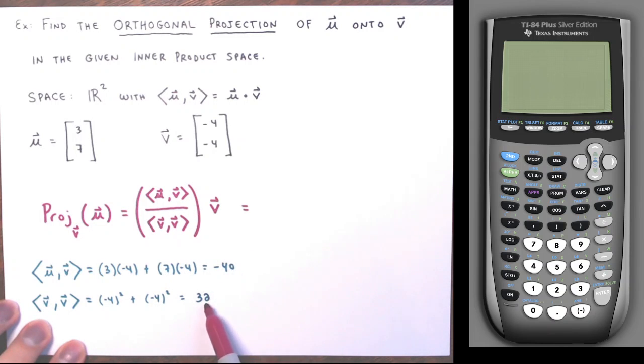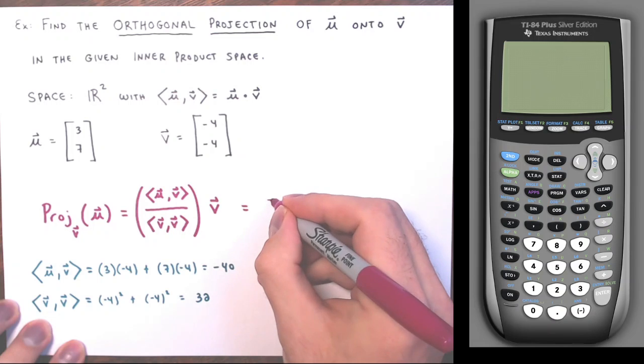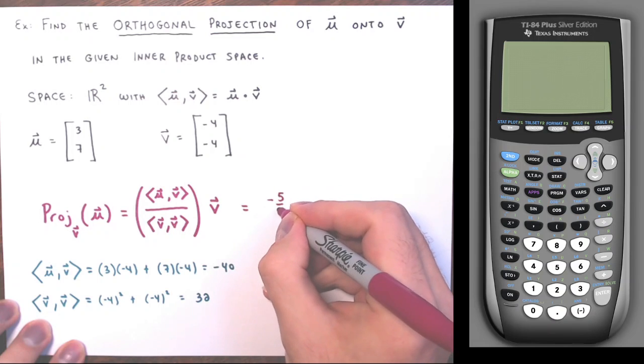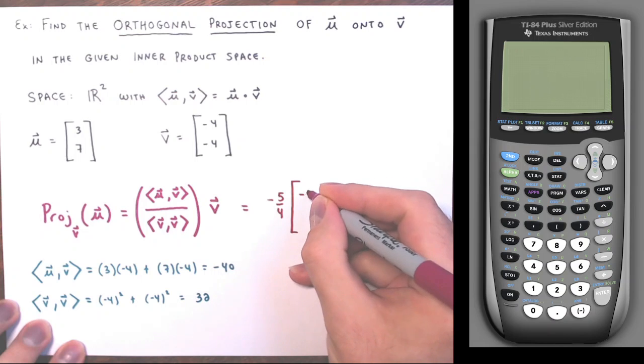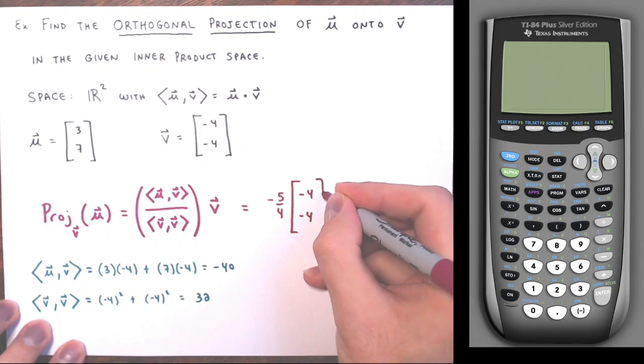Now, both of these have a common factor of 8. This is -5 times 8, and this is 4 times 8. So the scalar is -5/4 times vector V, which is (-4, -4).